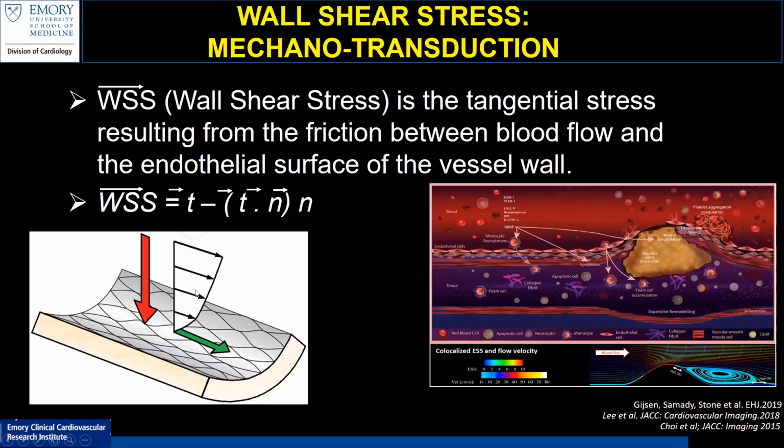Now, if we normalize this tangential force vector by area, we obtain wall shear stress. Wall shear stress is actually quite small in magnitude compared to other mechanical stresses affecting the coronary arteries, but it exerts its powerful vascular effect not by mechanical impact on the vascular structure, but uniquely by triggering biological signaling.